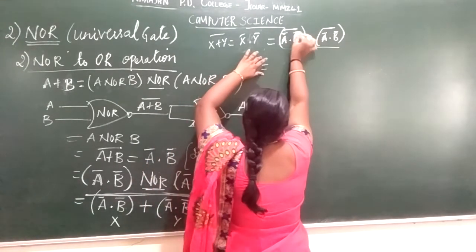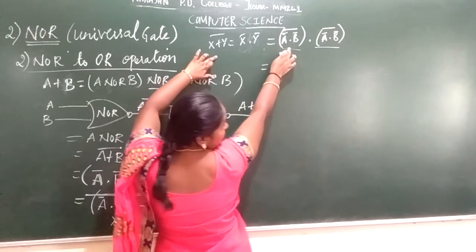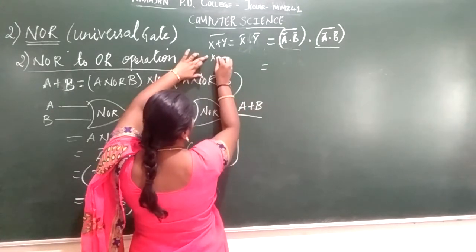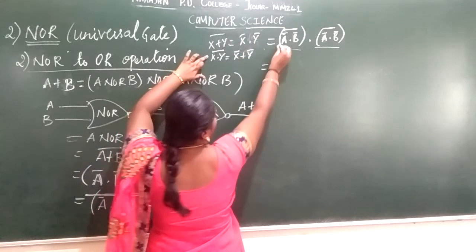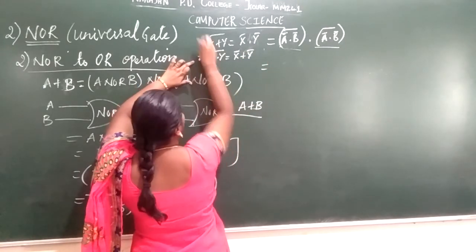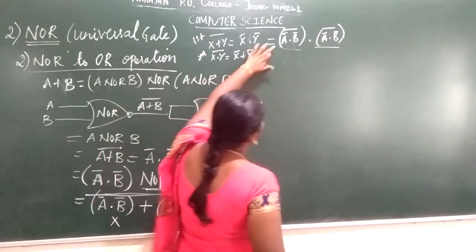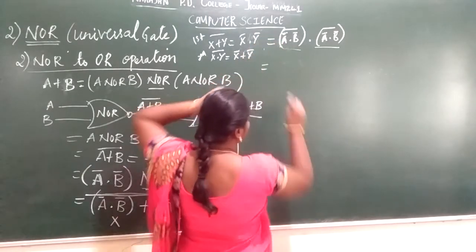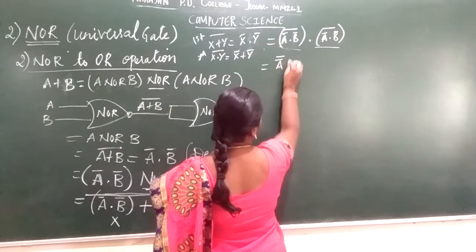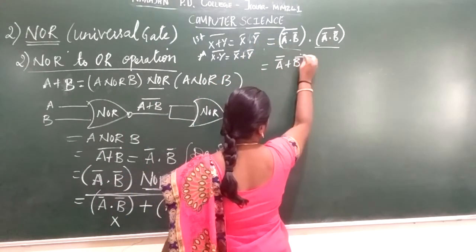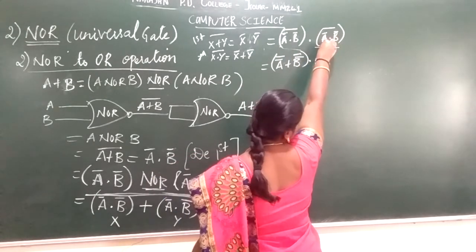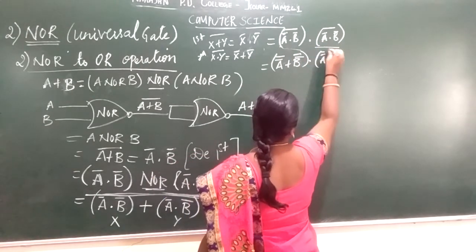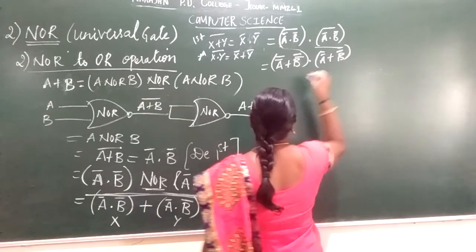Now this is in the form of the second theorem. I am using De Morgan's second theorem: x dot y is equal to x bar plus y bar. Here it is the first theorem. So this will be converted into a double bar plus b double bar, into, again using the second theorem, a double bar plus b double bar.